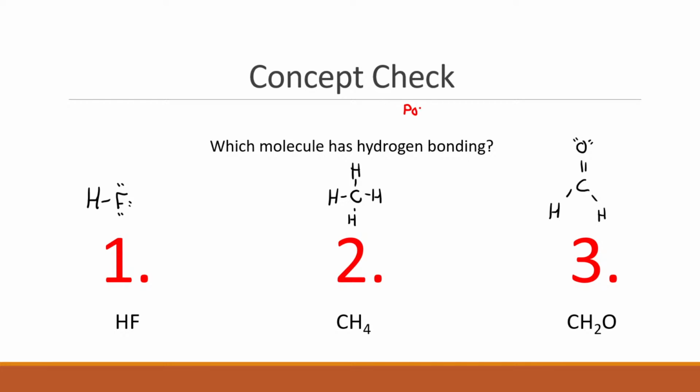We're looking for something that is polar and has H connected to F, H connected to O, or H connected to N. In this case, we can figure out which one it is without checking polarity. Here, my H's are connected to C's. That's not O, F, or N. Here our H's are connected to C's. That's not F, O, or N. But here we have H connected to F. This must be our choice for hydrogen bonding. And it is.